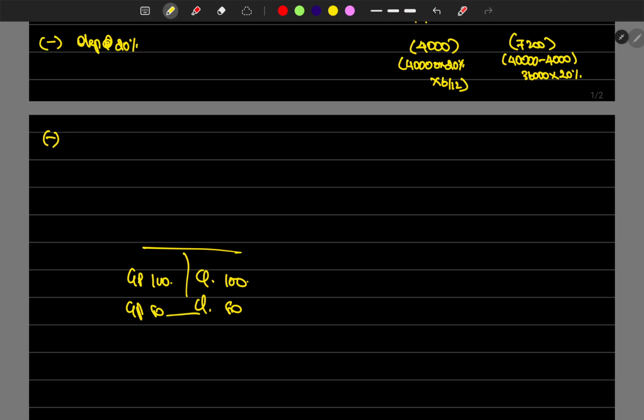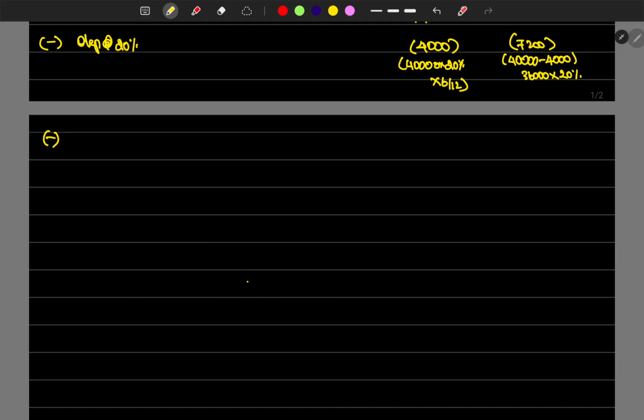What happens if the opening stock increases? Closing stock will reduce. If it is 70, it will be 30. If it is 80, it will be 20. So this is purely reacting opposite.